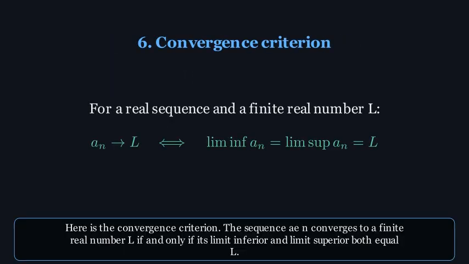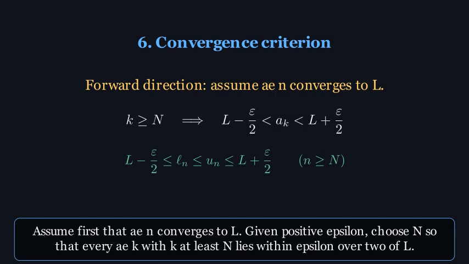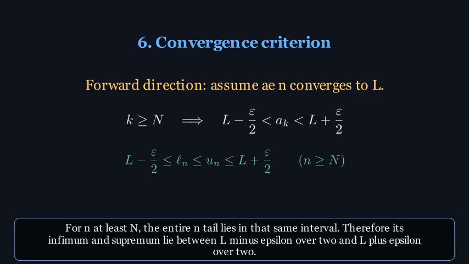Here is the convergence criterion. The sequence a_n converges to a finite real number L if and only if its limit inferior and limit superior both equal L. Assume first that a_n converges to L. Given positive epsilon, choose N so that every a_k with k at least N lies within epsilon over 2 of L. For n at least N, the entire n-th tail lies in that same interval.